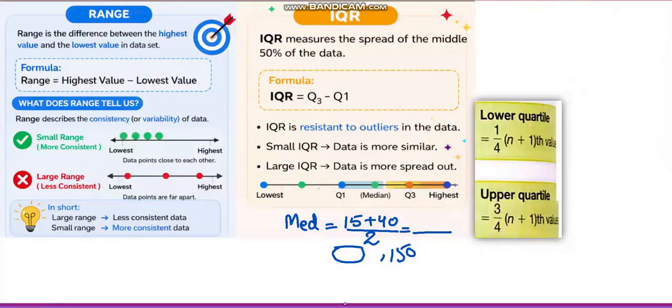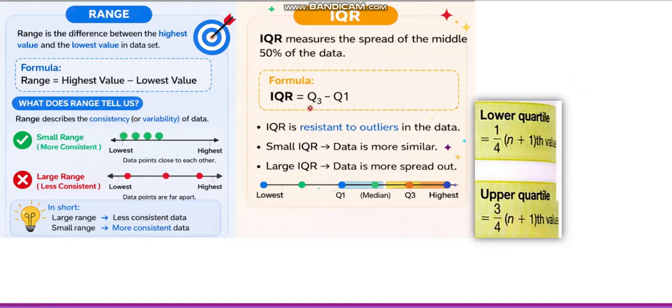We also discussed the IQR in our previous class. IQR is similar to the range, but here we don't see the extreme values. Here we find the difference of the middle value of the upper half and the middle value of the lower half.